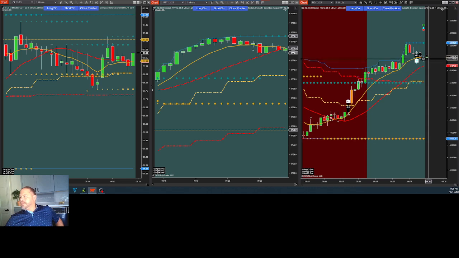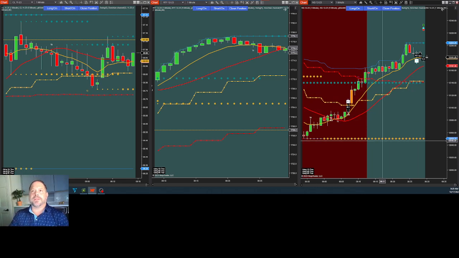Now, if we can get down to either the 1 minute red line or the 5 minute red line, which is the trade I really like taking, we'll see if another trade sets up there. In the meantime, let me figure out what's going on with oil.